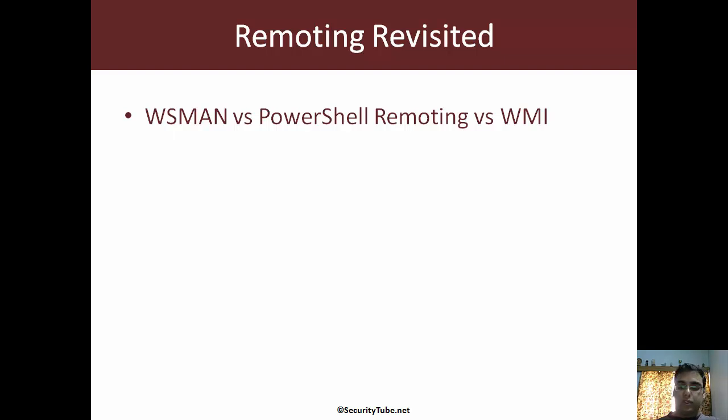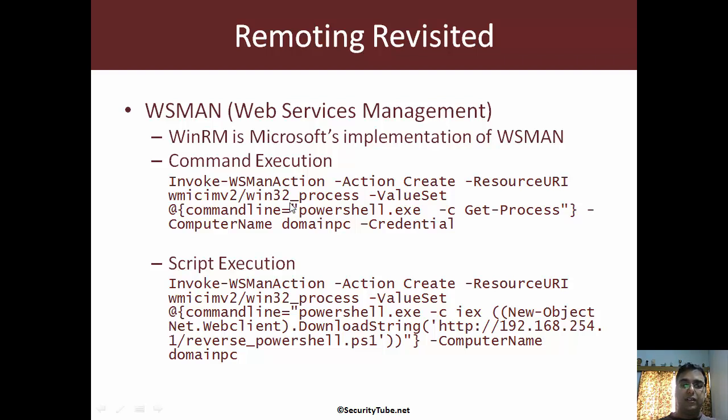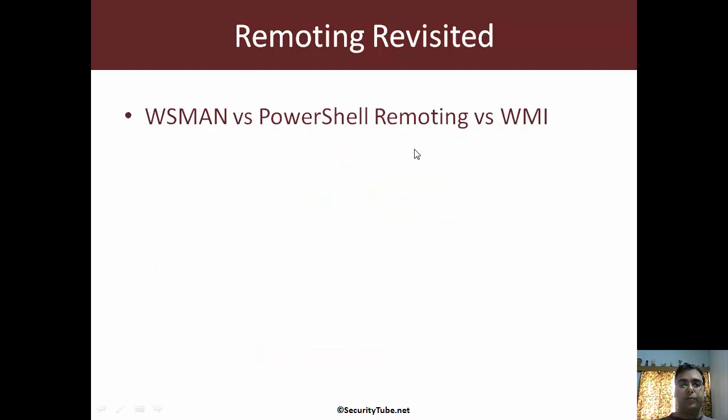Its syntax is complex, as you can see there, not as easy as PowerShell remoting. And also, it returns inert objects. That is, its objects could not be changed after those are returned.